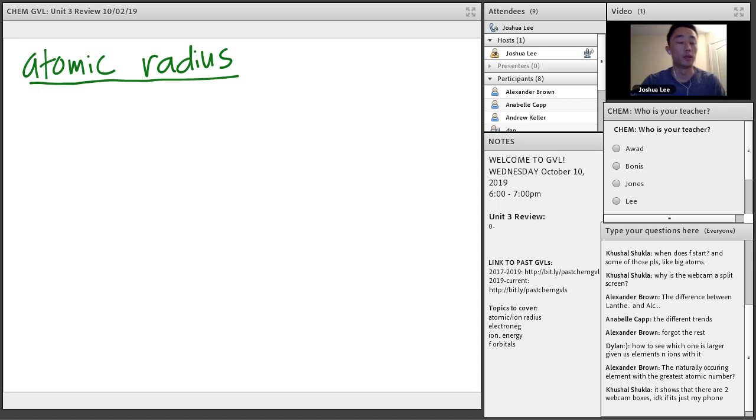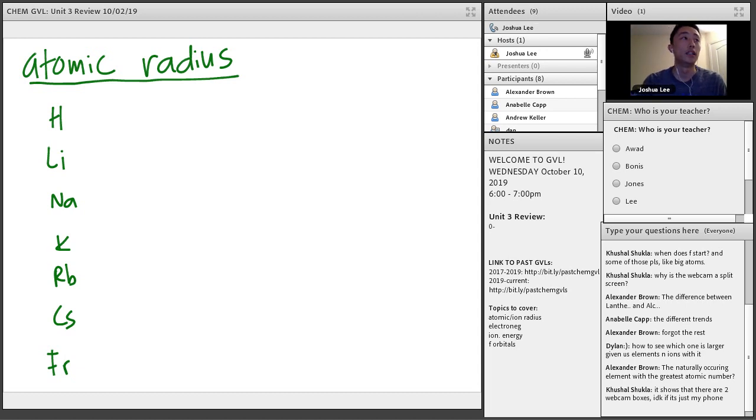All right, so atomic radius, we want to know how things get bigger. So we check the periodic table. We think about hydrogen, lithium, sodium, potassium, rubidium, cesium, francium. All of these are in group one.